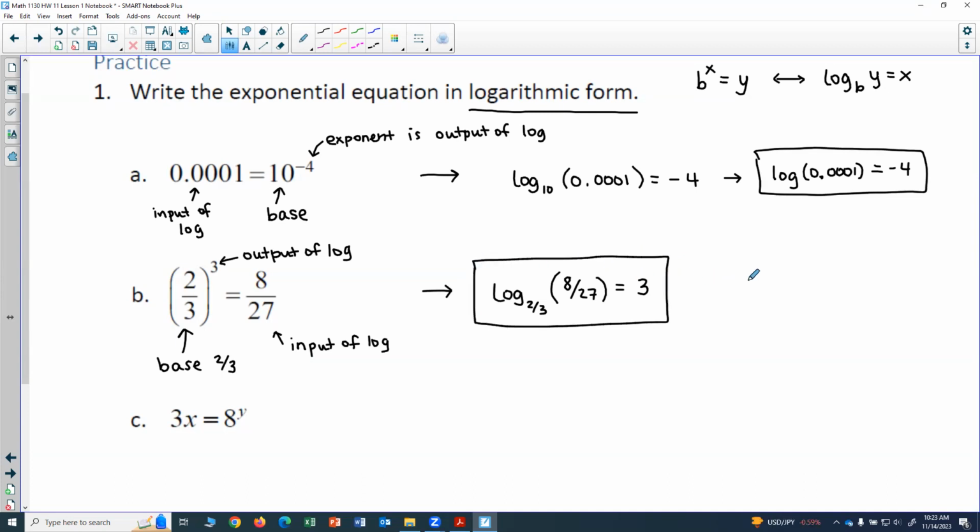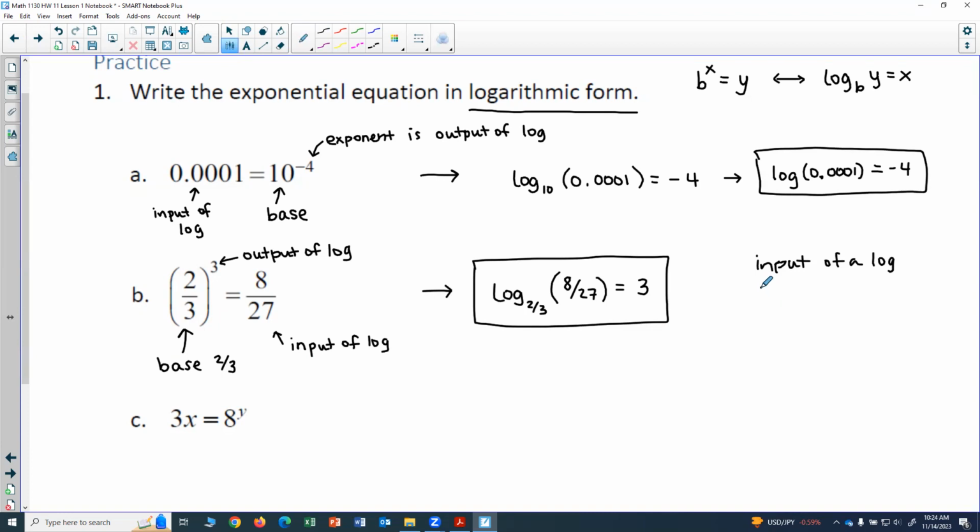And again, the input of a log function is called the argument. I'll just go ahead and say log function because we'll be dealing with some logarithms as functions later.